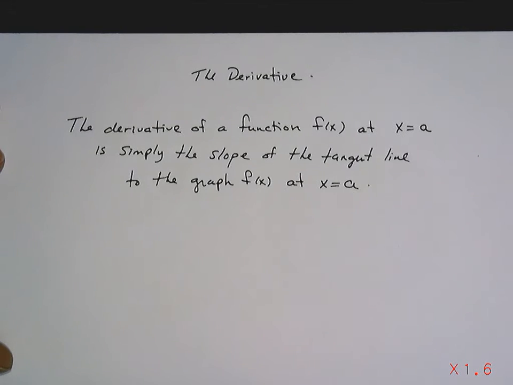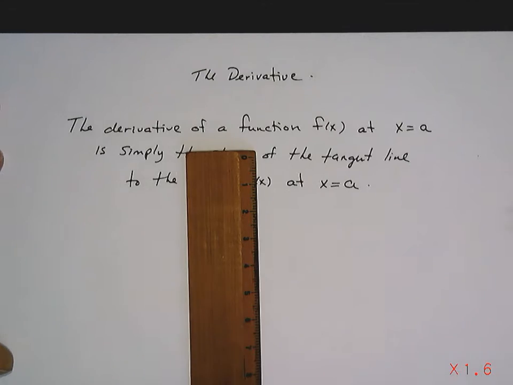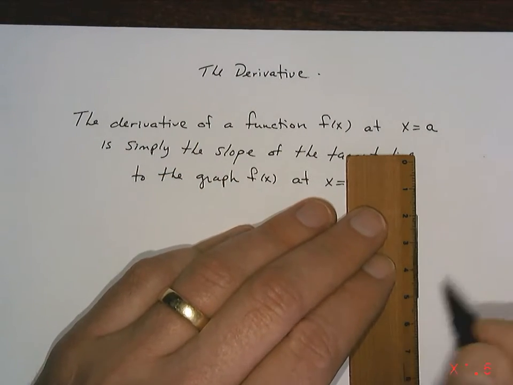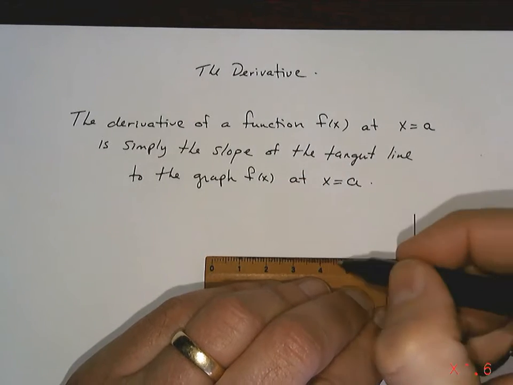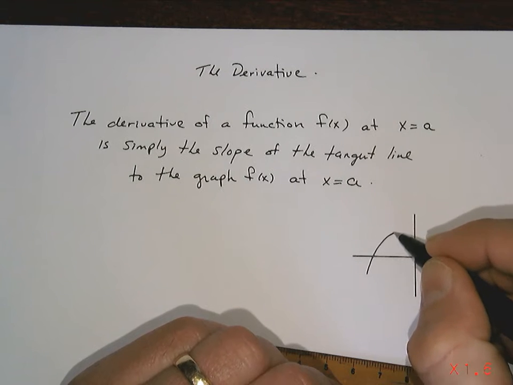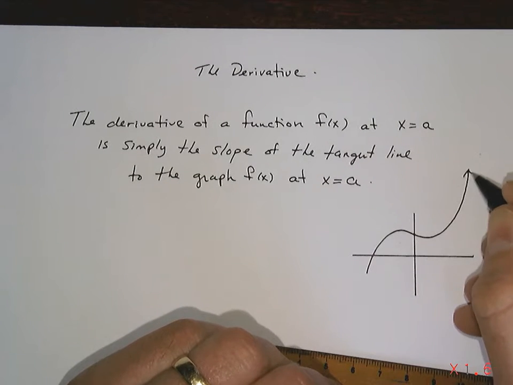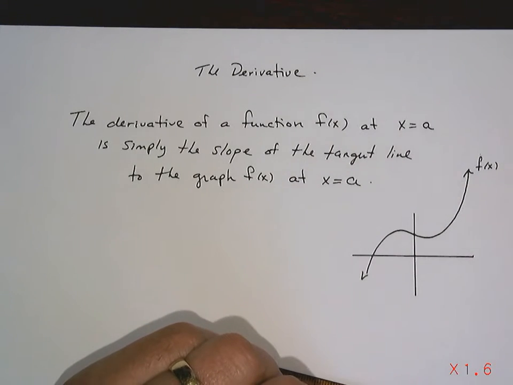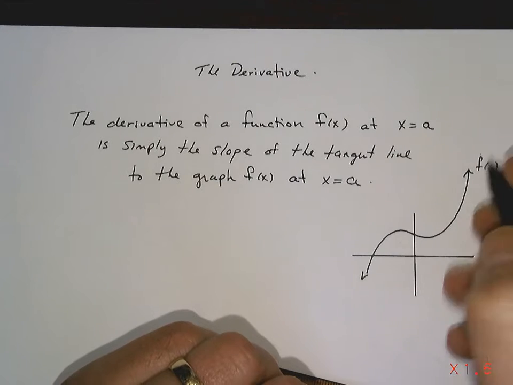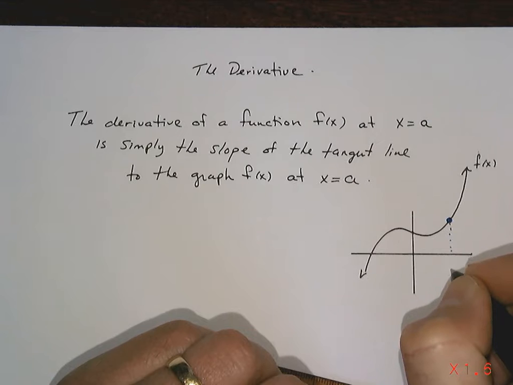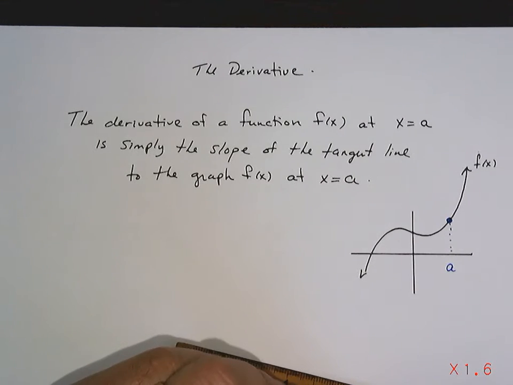A couple of things I might want to call attention to. Maybe we'll do a quick little diagram of what we're talking about. So there's function f of x. Here's a point on f of x, at x equals a.